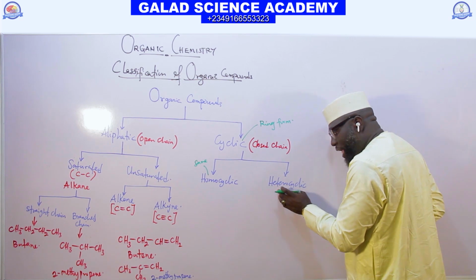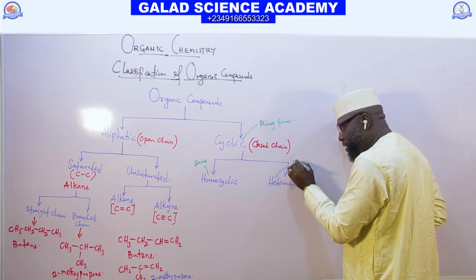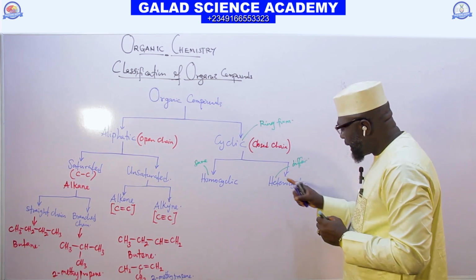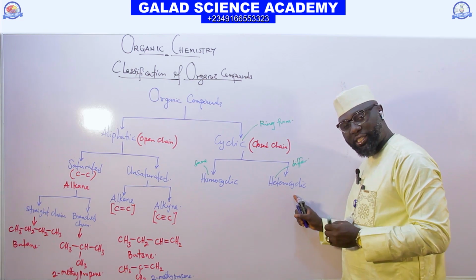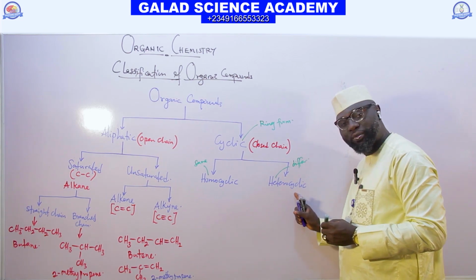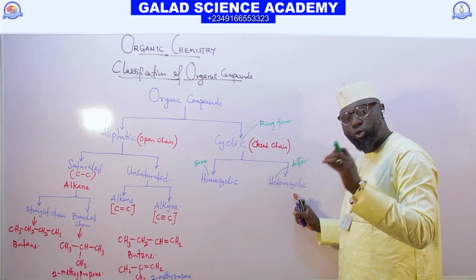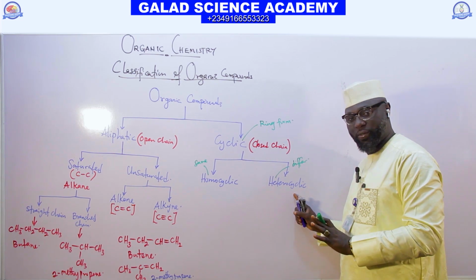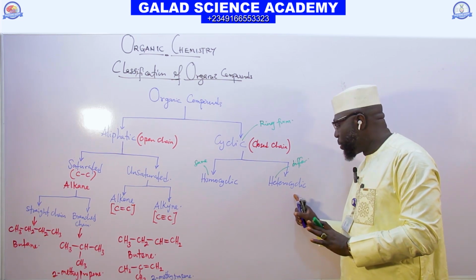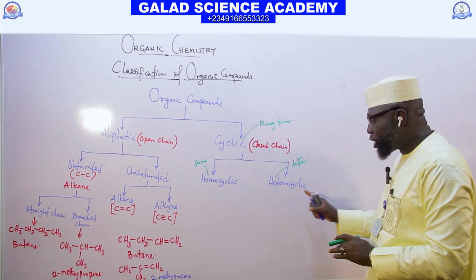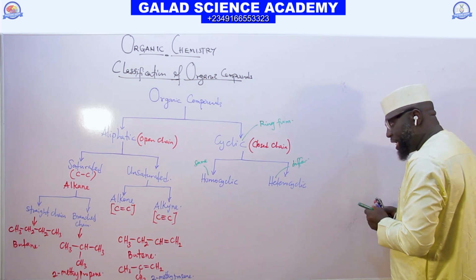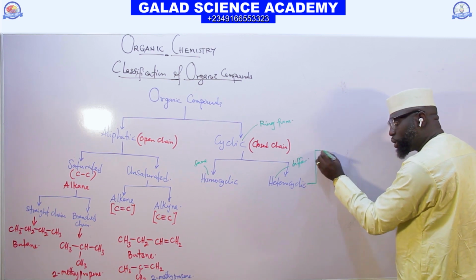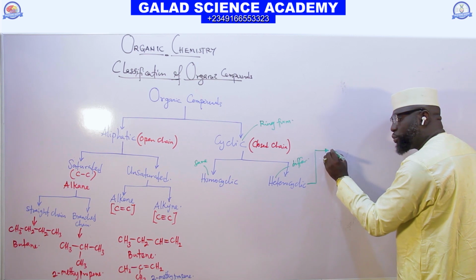Where hetero means different. Heterocyclic is a compound that contains carbon to carbon and other elements. If you are talking about heterocyclic, an example we have is furan.